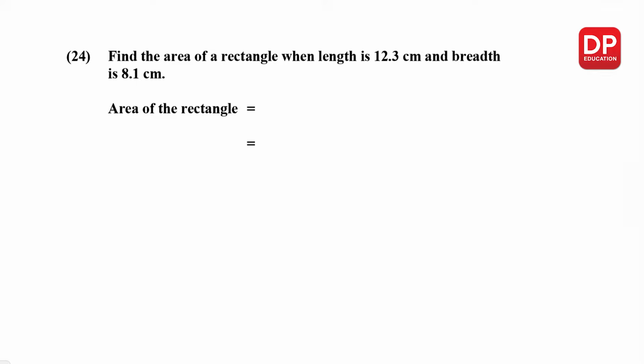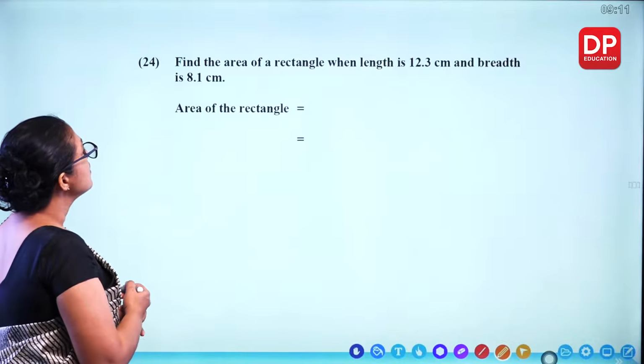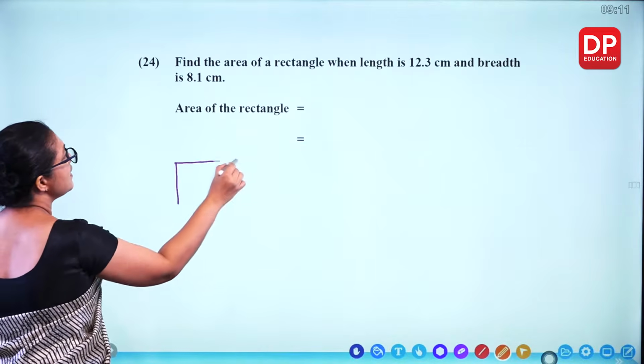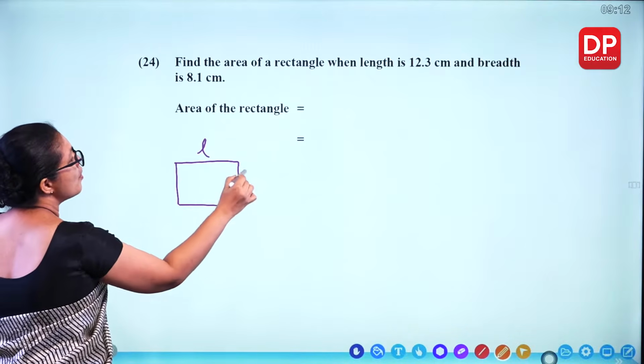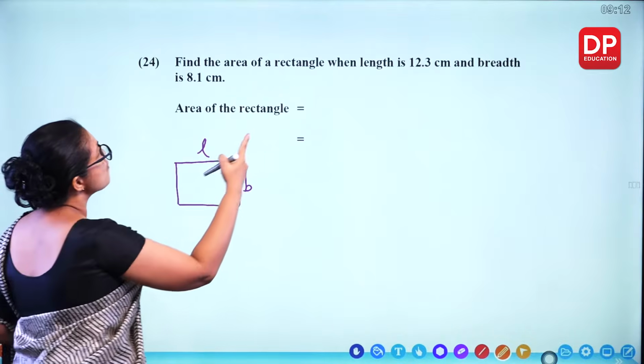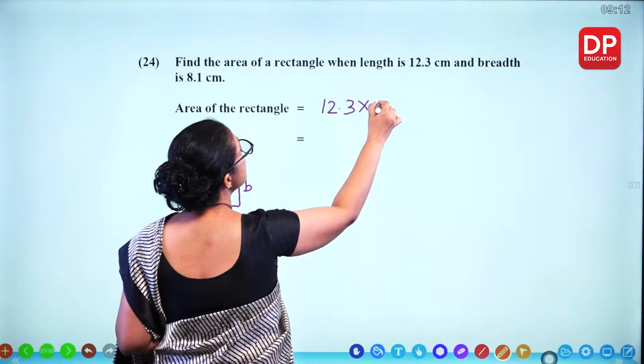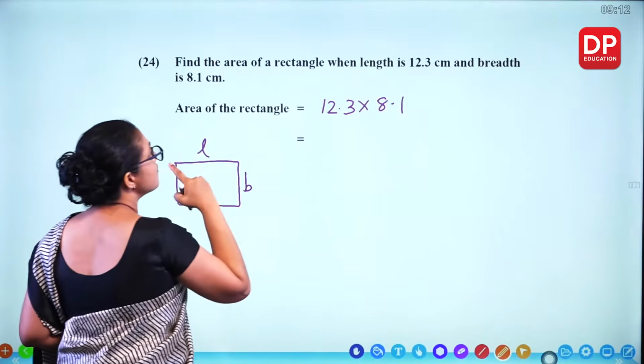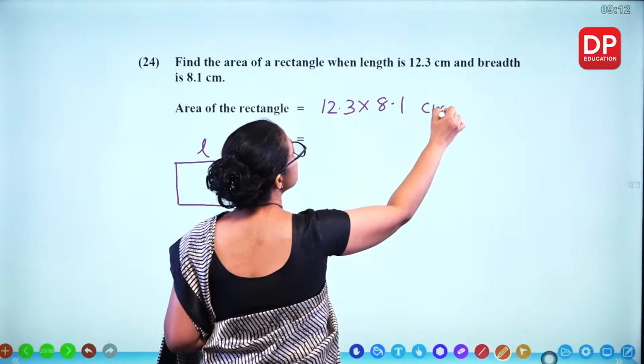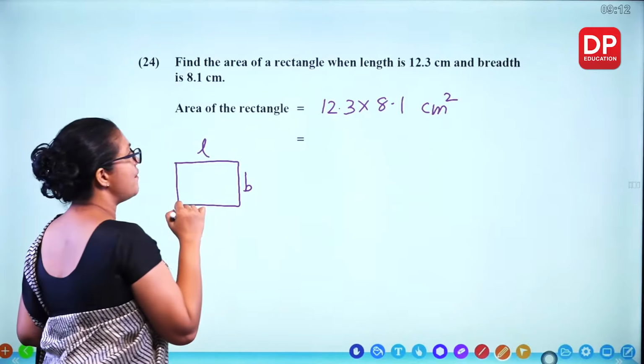Find the area of a rectangle when length is 12.3 and breadth is 8.1. So rectangle area is length into breadth. So just multiply. You get square centimeters for the area.